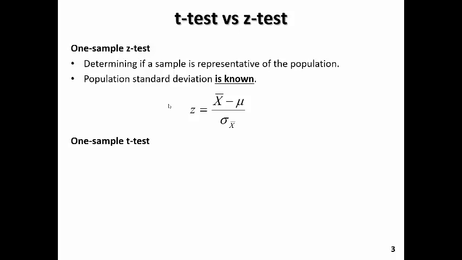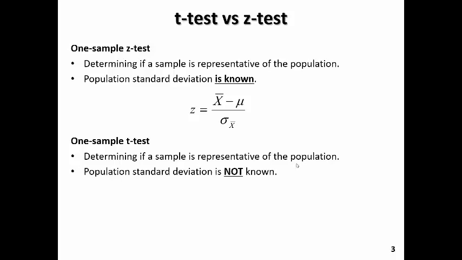However, in most situations, the population standard deviation is not known. But the one sample t-test has the same objective as the one sample z-test, in that we would carry out a one sample t-test to determine if a sample is representative of the population. This carries a little bit more limitations than the z-test, because the population standard deviation is not known, and that occurs in many different research applications.